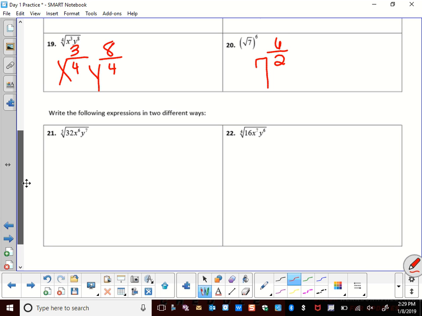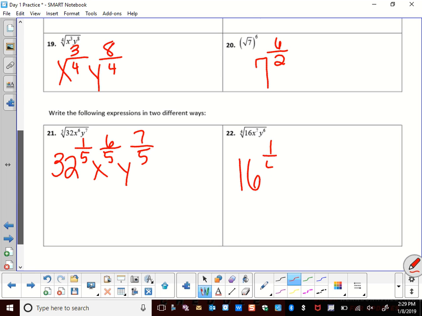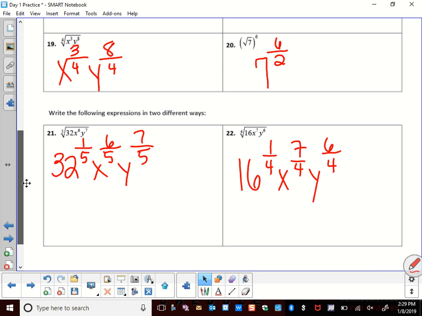You don't know 2 different ways right now, so we're just going to write it the opposite. So we have 32 to the power of 1 over 5, x to the power of 6 over 5, and y to the power of 7 over 5. And then for 22, we have 16 to the power of 1/4, x to the power of 7/4, and y to the power of 6/4.